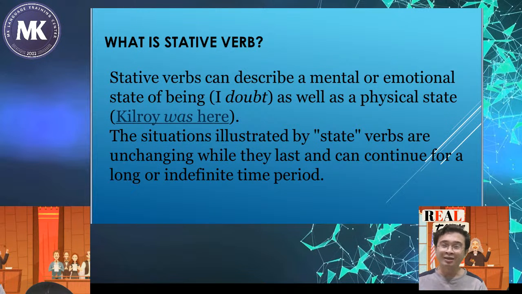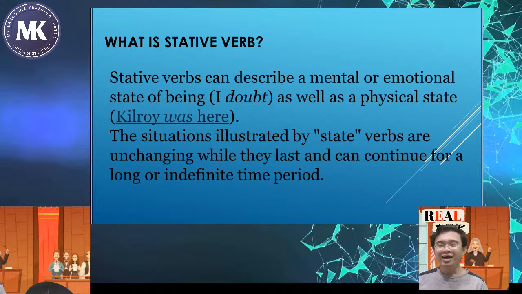For example, the word doubt. As well as physical state, meaning right now, what is this person's condition. Like Roy was here, so it's a physical state. Maybe this person was present at that time.